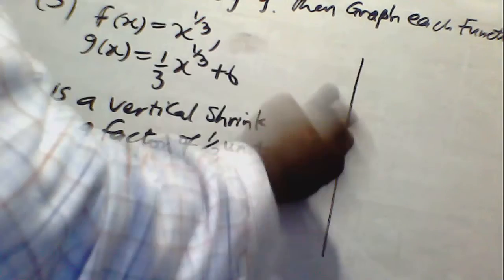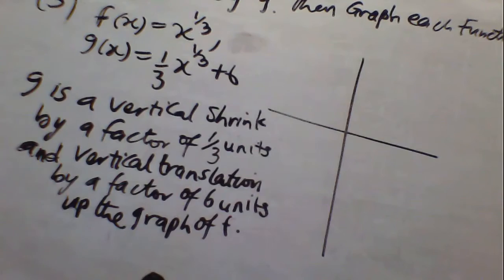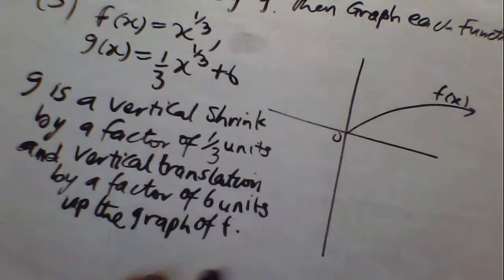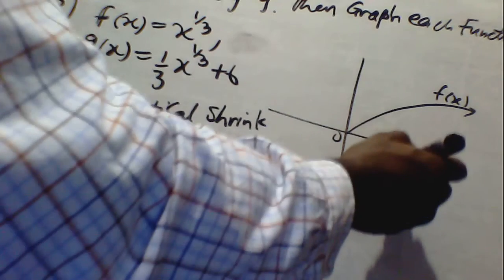So you can plot it. The parent is here. Here is f of x. Here is 6. So you come to this and then plot it.